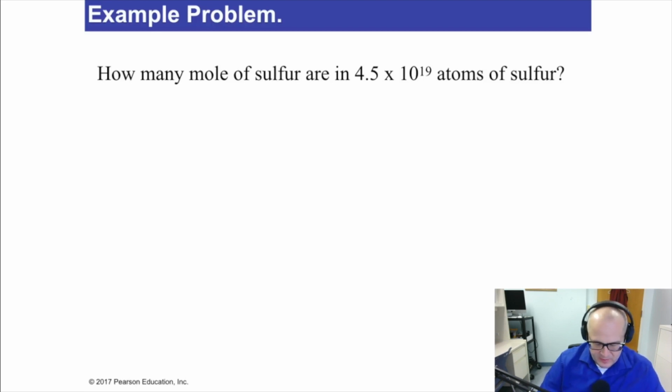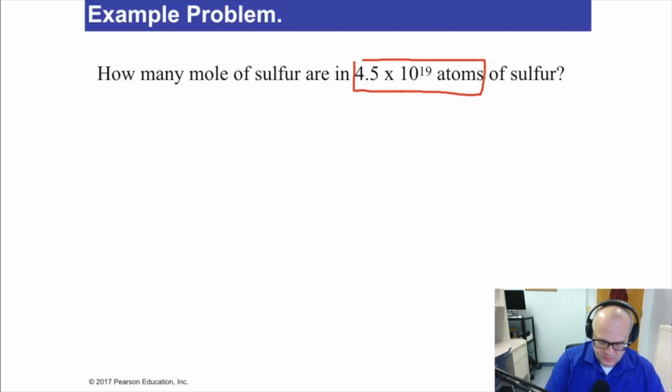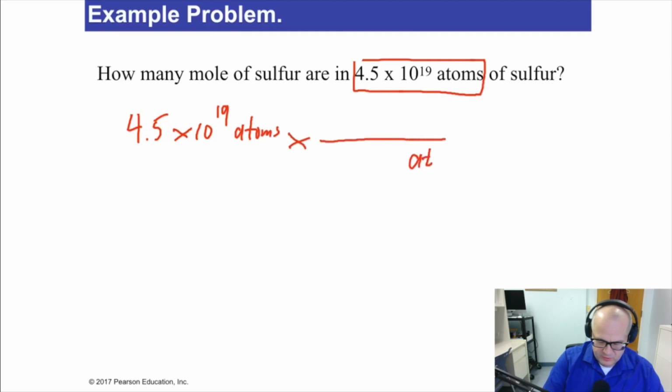Very simple. How many moles of sulfur are in 4.5 times 10 to the 19 atoms of sulfur? So here, this is our given unit. It's going to be 4.5 times 10 to the 19 atoms multiplied by something that puts atoms on the bottom, so they'll cancel, and then mole on the top, and that will give us moles of sulfur.